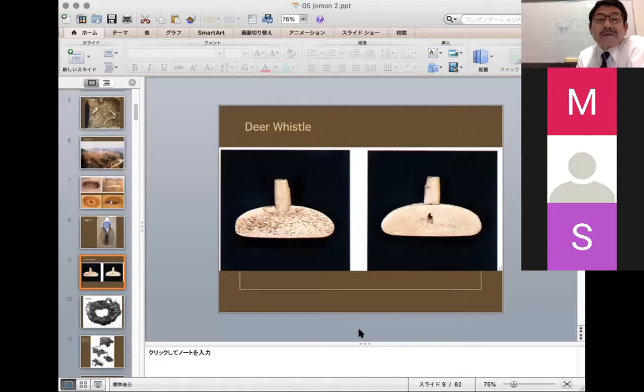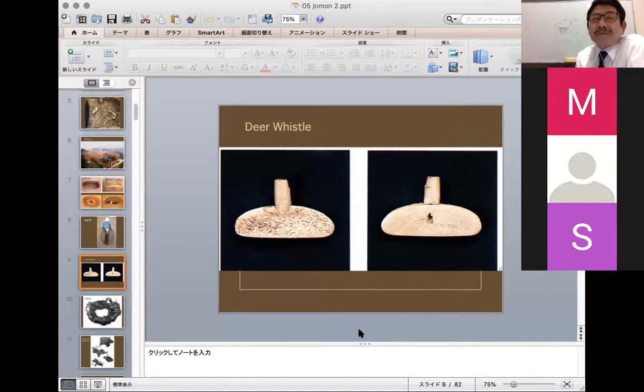I'll show another example. This is a deer whistle, made of bones and deer antler. It's found from Jomon sites in Kyushu. It produces a very high tone that human beings barely hear.